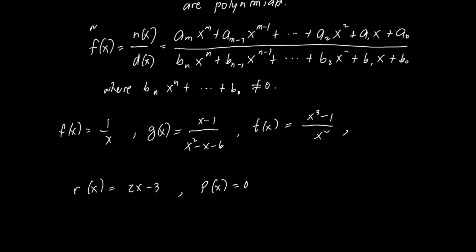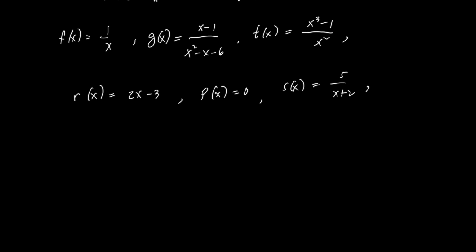Also, the constant function is a rational function. Then we have s of x is equal to 5 over x plus 2, also a rational function. Then we have, say, c of x equals x squared minus 3x minus 4 over x minus 2, a rational function.